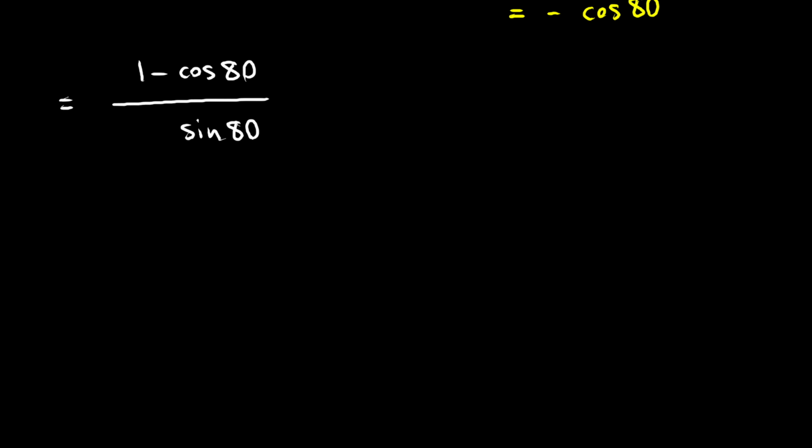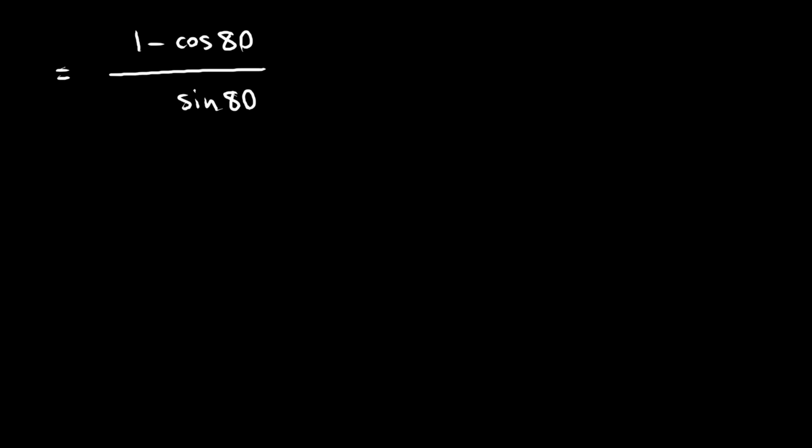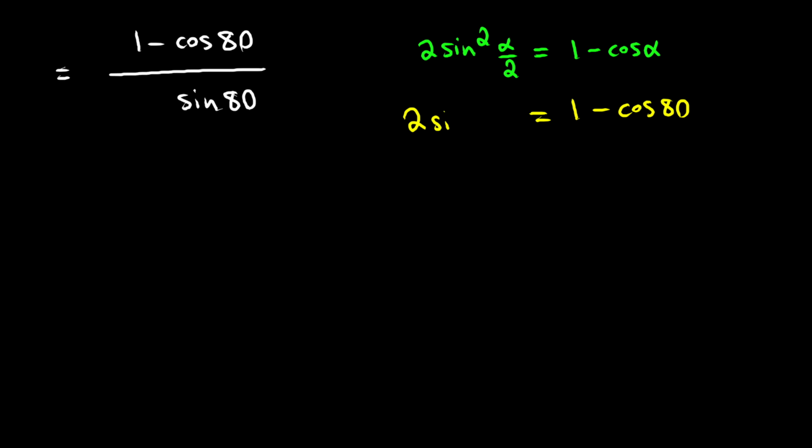Now, let's go ahead and use the half angle identity and the double angle identity for sine. The half angle identity for sine states that 2 times sine squared of half of alpha should equal 1 minus cosine of alpha. For example, we can say that 1 minus cosine of 80 is equal to 2 times sine squared of 40.